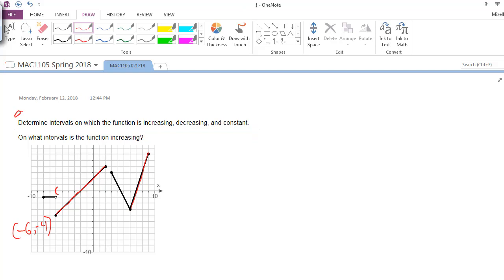And the coordinates of this point would be (2, 4). So I'm thinking the graph starts increasing at x equals -6 and stops increasing at x equals 2. So I'm going to say f is increasing on the interval from -6 to 2.